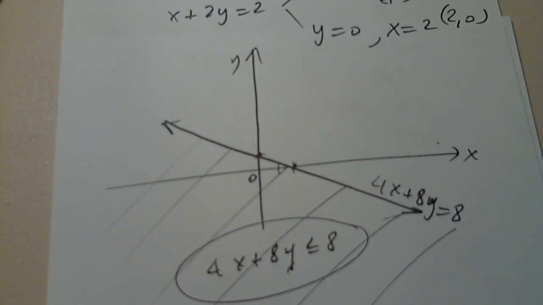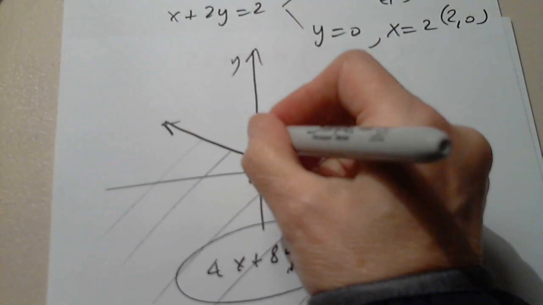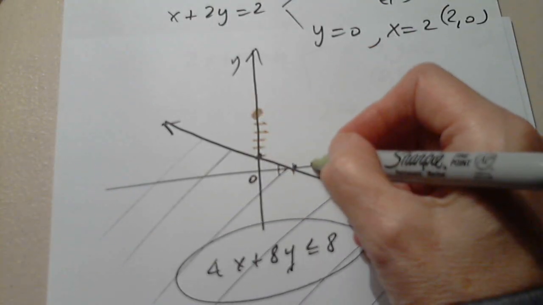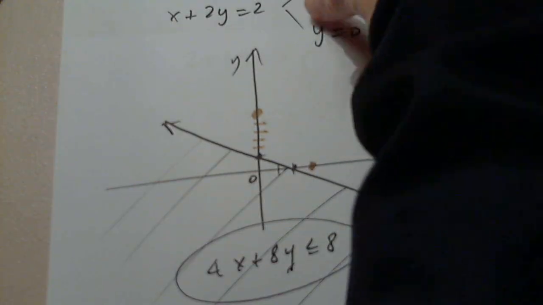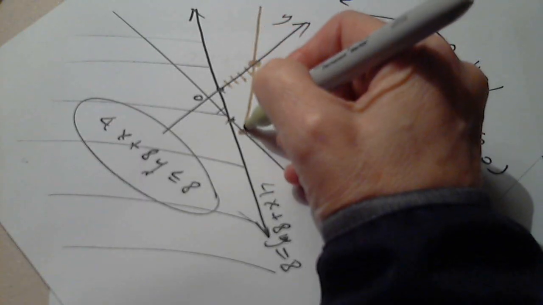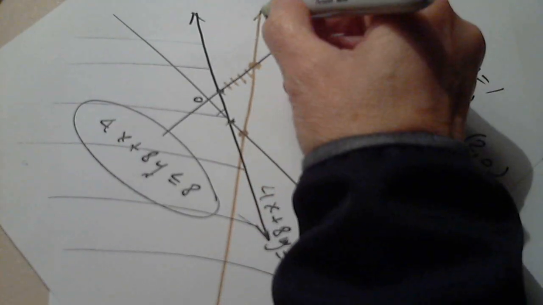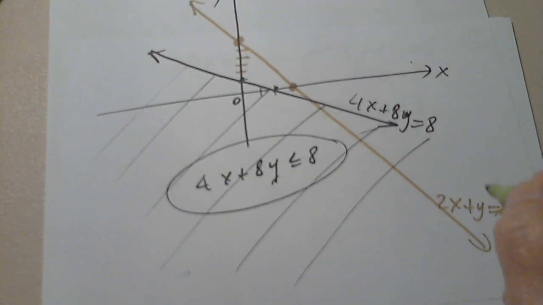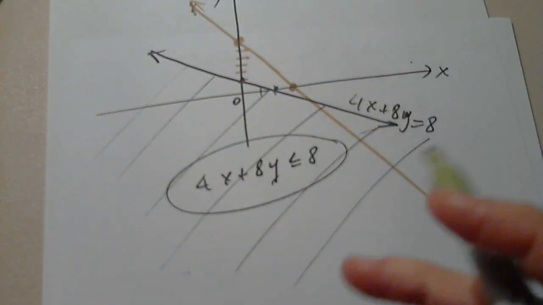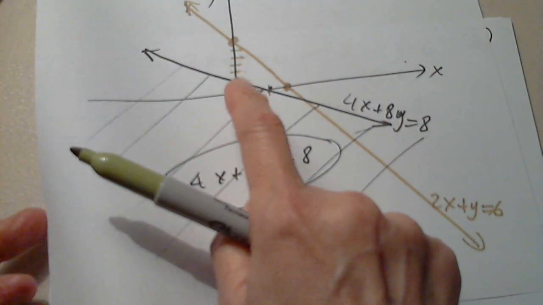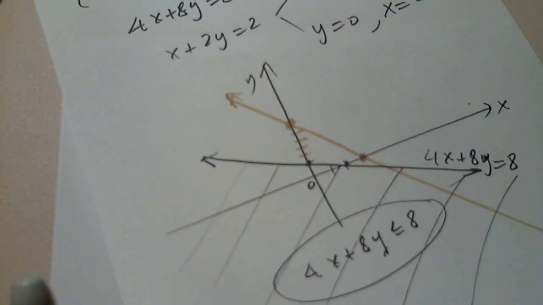So 0, 6, and 3, 0. 1, 2, 3, 4, 5, 6, and 1, 2, 3. Still solid. On the line, I write the equation of the line, 2x plus y equals 6. It divides the plane into two regions, right and left. Left has the origin, so I'm checking the left. 0, 0, true.